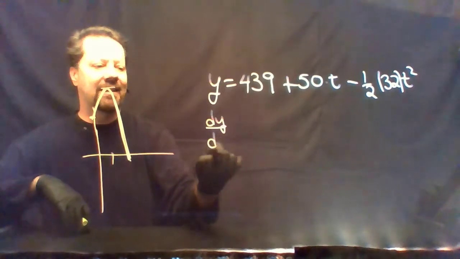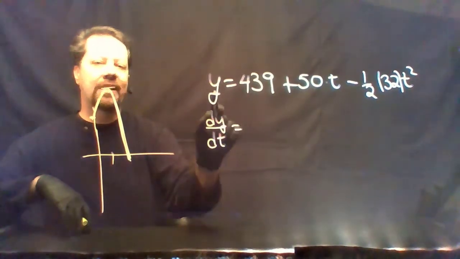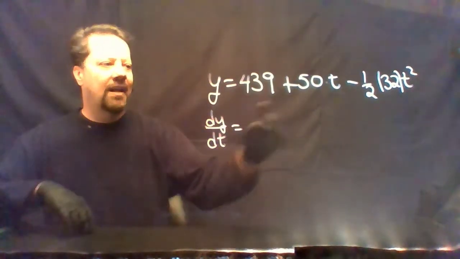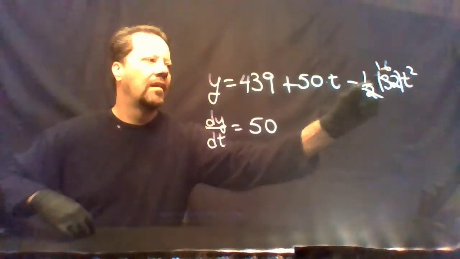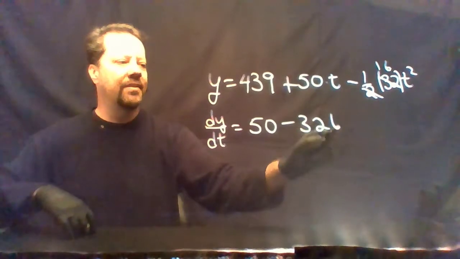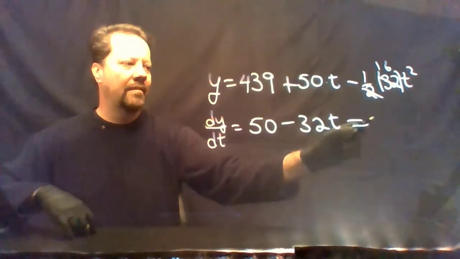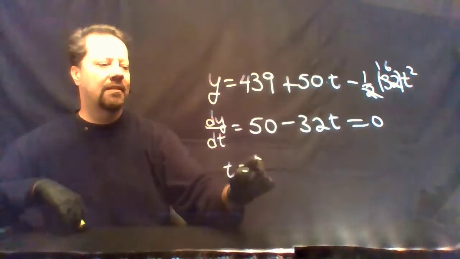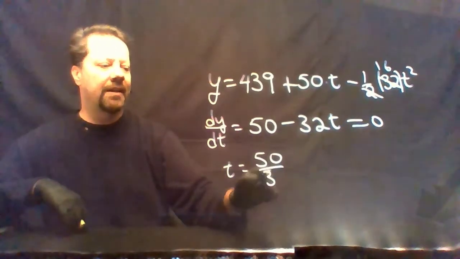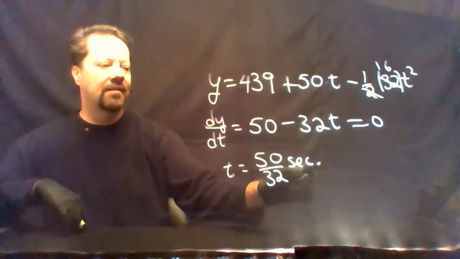The velocity is the rate of change of position, and that is 50 minus 32t. If we set the velocity equal to 0 and solve for time, we'll get 50 divided by 32 seconds.